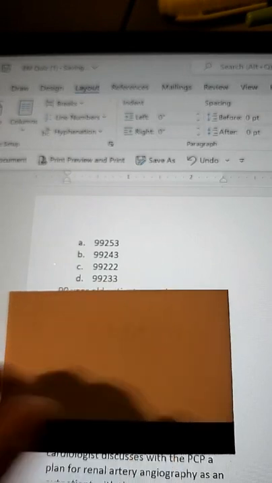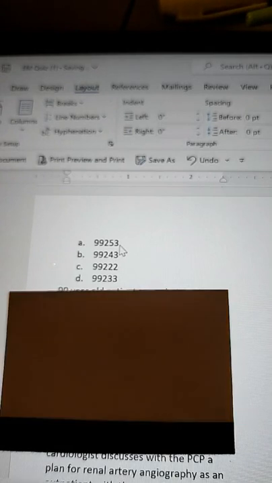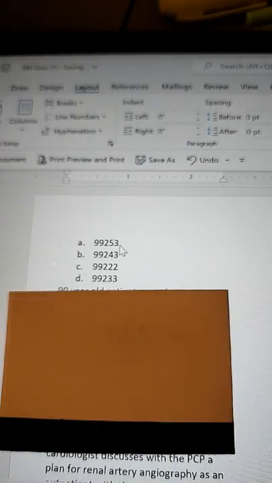All right, what is our 253 code? What is that one? 253 is under inpatient consultation.